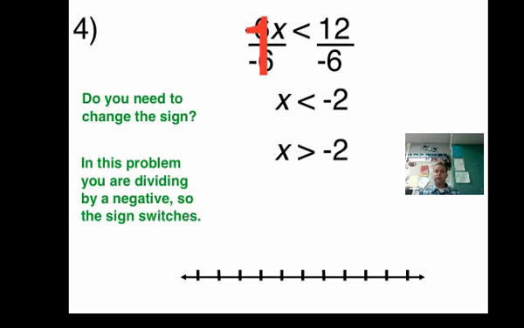And that gives us x greater than negative 2. Time to graph, so we'll plot negative 2 and 0 on the number line. Need to decide open or closed circle. Open circle because there's no equal to, and we're looking for numbers bigger than x, so that means we're going to the right for this problem.